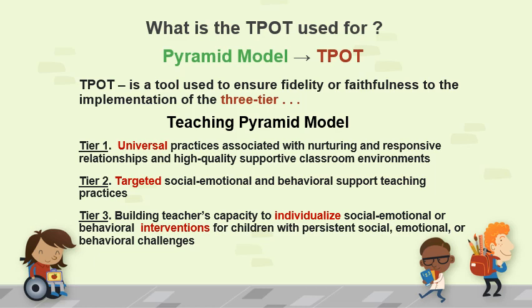Tier 2, targeted social, emotional, and behavioral supports teaching practices. In Tier 3, building the teacher's capacity to individualize social, emotional, or behavioral interventions for children with persistent social, emotional, or behavioral challenges. We will be highlighting the 3 tiers several times because it is so important to clearly understand the delineation between the tiers.